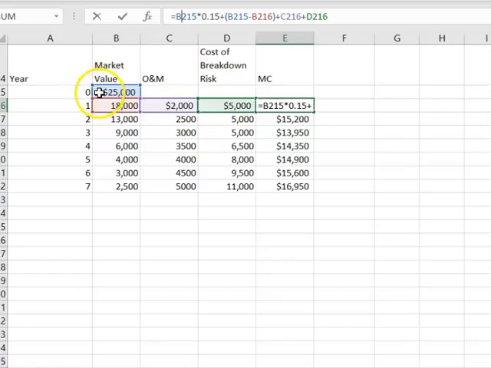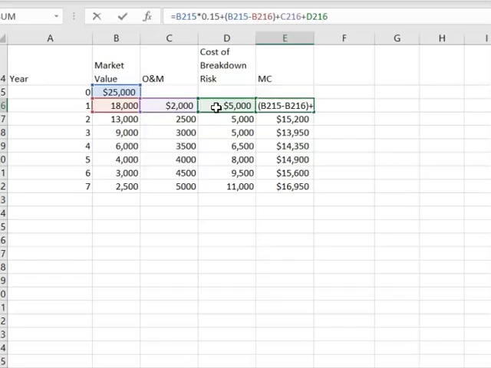So as you can see, 25,000 here times 15%, the interest rate, plus the loss in the salvage value, that is 25,000 minus 18,000, plus the operating and maintenance cost during that year, and the cost of breakdown risk, that now in the first year is in its minimum state of $5,000.